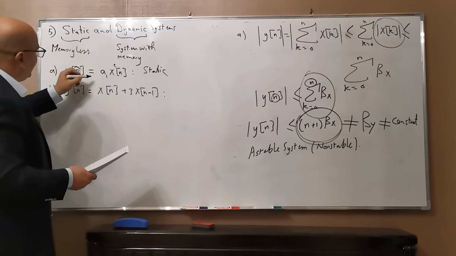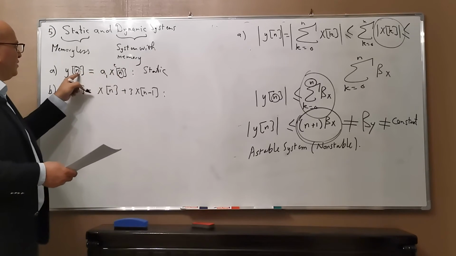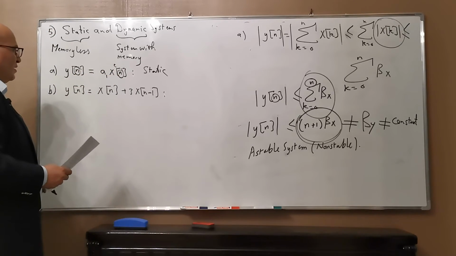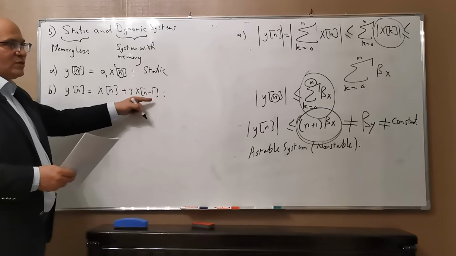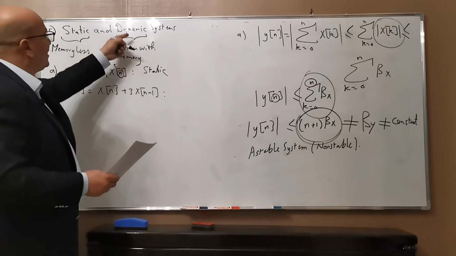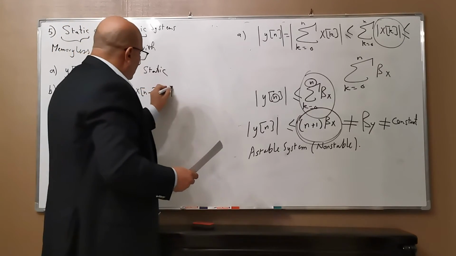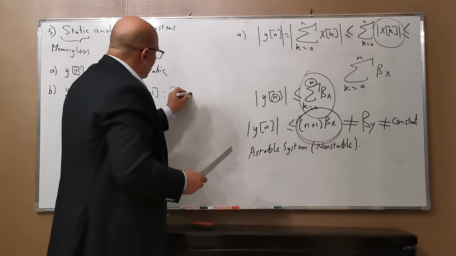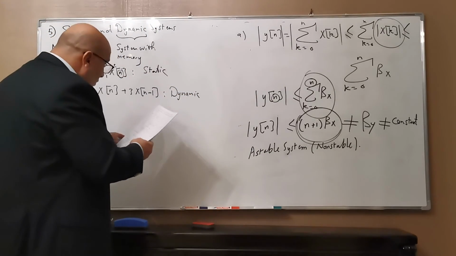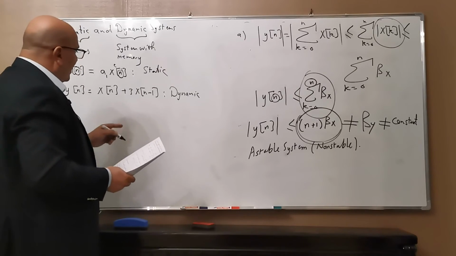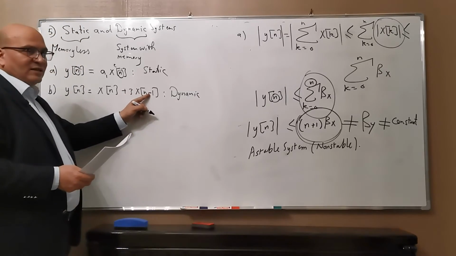Notice that y of n depends on x of n with the same instant. So you have a static system. Here you have n, but you also have n minus 1, so you have to have a memory. If you have a memory, then this is a dynamic system, or system with memory.